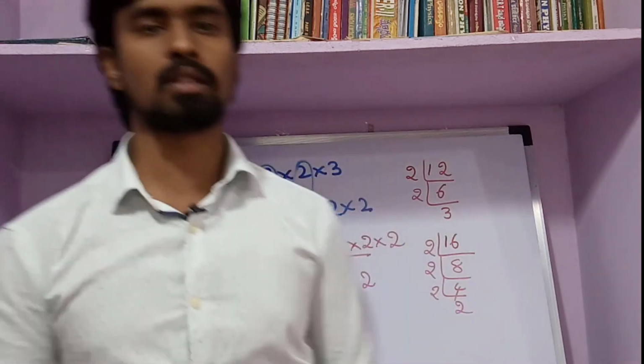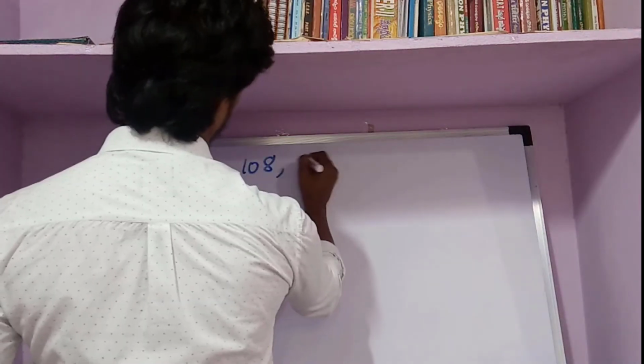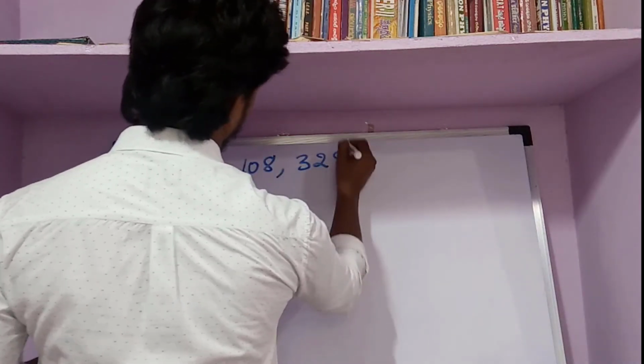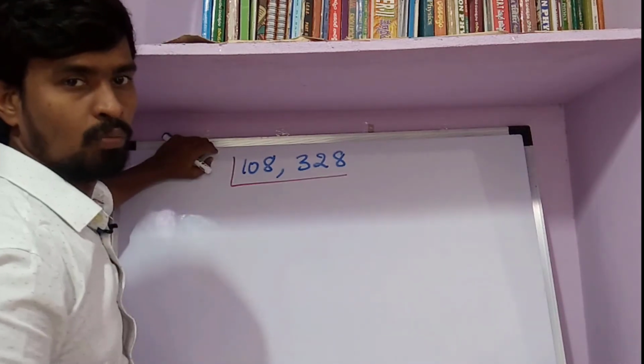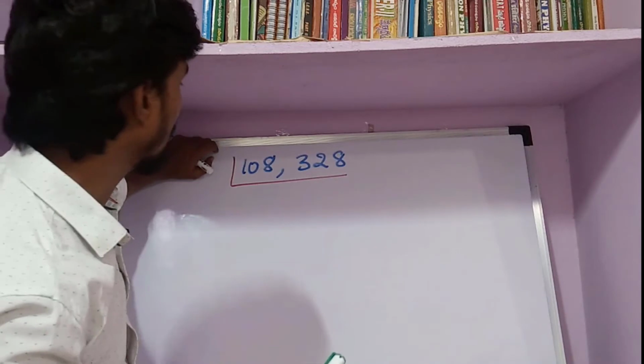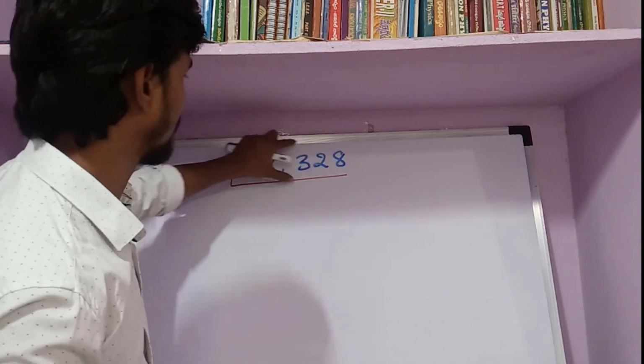We have one more method to find the LCM of the numbers. In that method, we have to find the product of the prime factors together. For example, 108 and 328. Now we have to choose a number which divides these two numbers commonly.